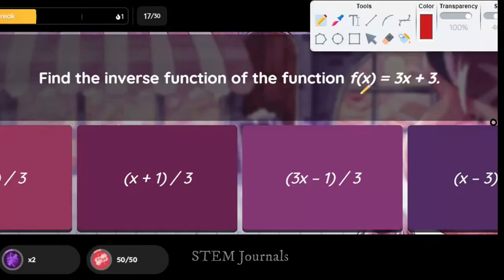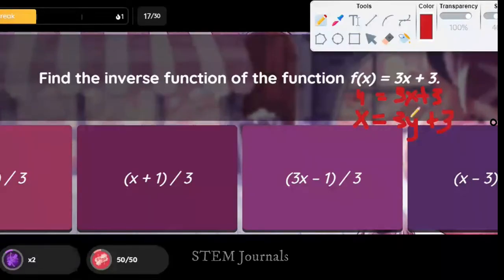So ito ay y equals 3x plus 3, and then next step is interchange x and y. Lahat ng y magiging x, lahat ng x magiging y. So i-rewrite mo lang siya, that should be x equals 3y plus 3. And then third step, solve for y.